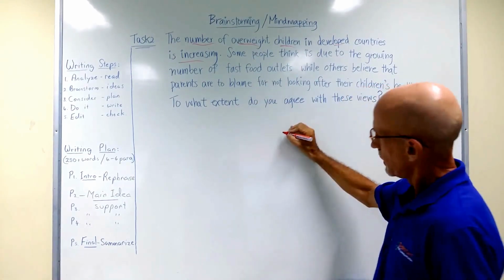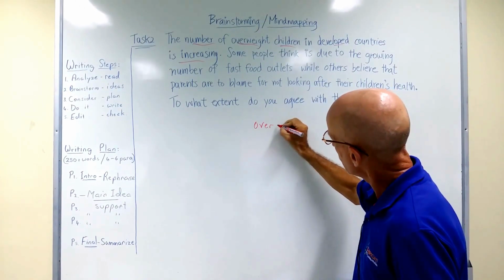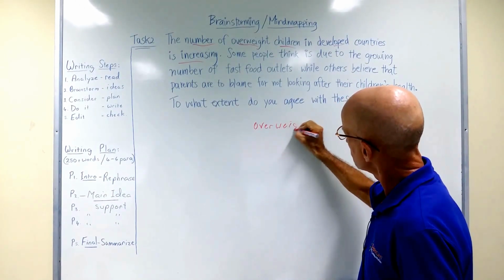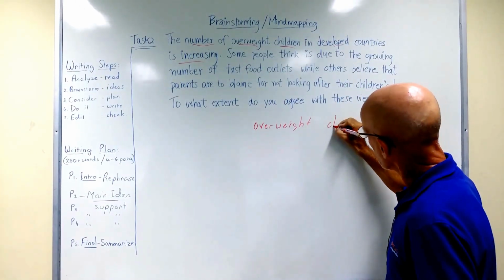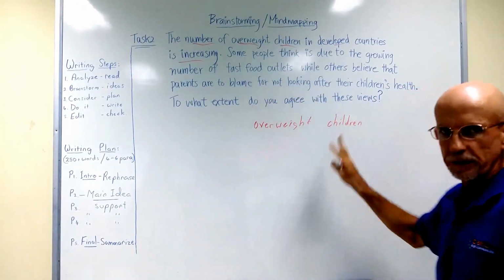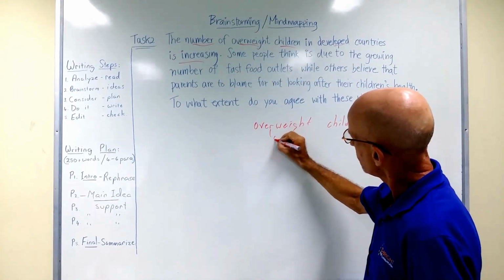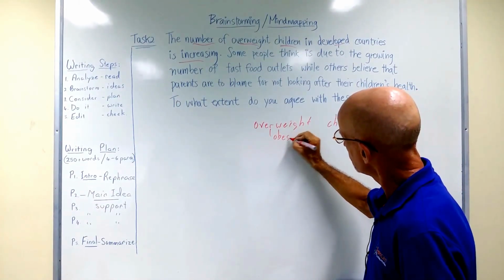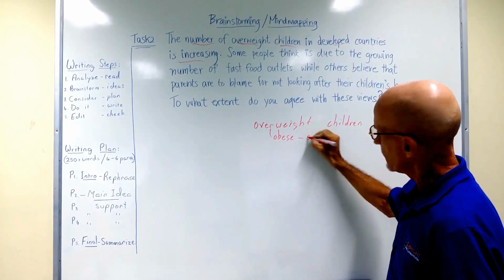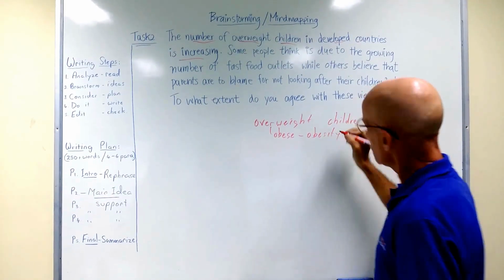So on my piece of paper, I note down those words, so it's overweight, and very importantly, I want to be quick, so obviously it's not going to be neat, it doesn't matter. I want to think about how can I rephrase. I think of the other adjective obese or the noun obesity. These are words that I can use later.